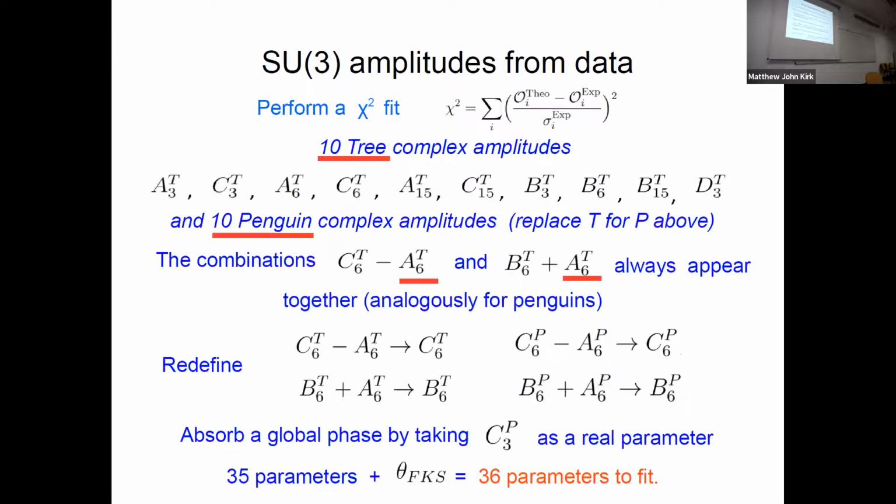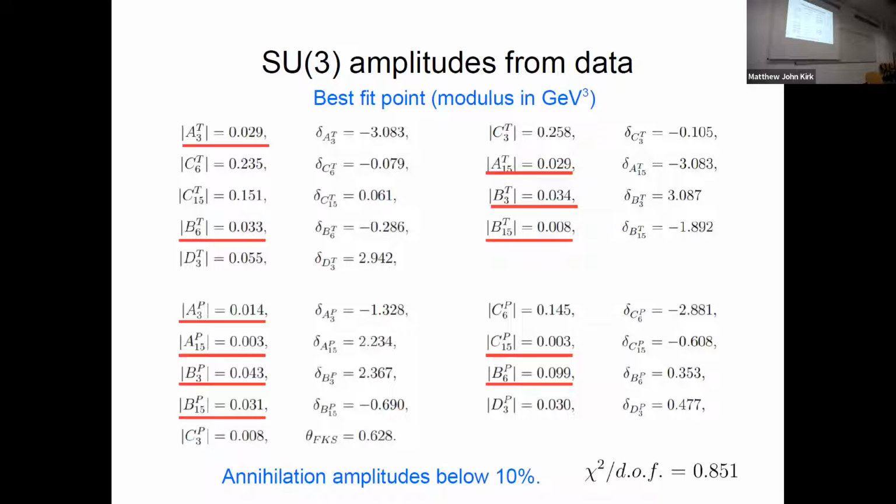Okay, a non-technical question. When you fit these 36 parameters to the data, how do you start? Do you just divide this 36-dimensional grid and do spacing in each direction? No, you do random sampling.